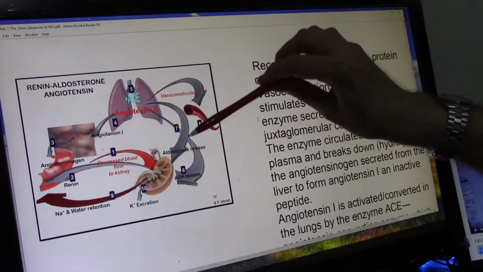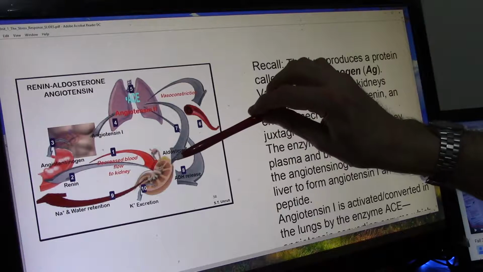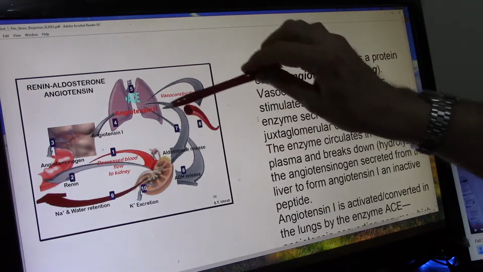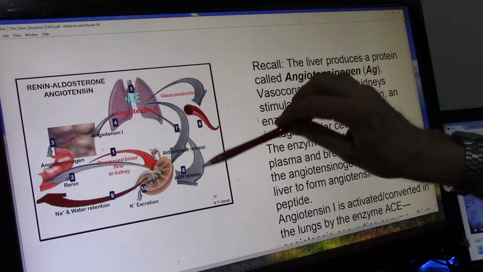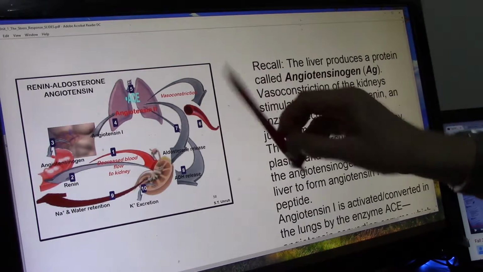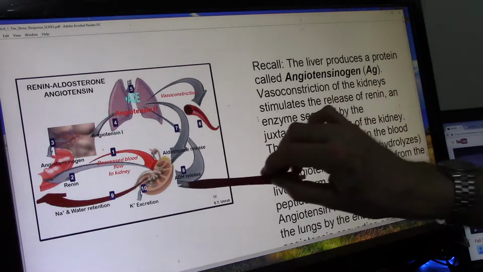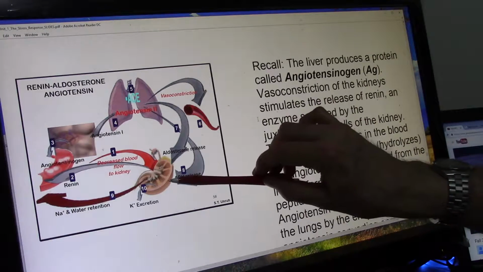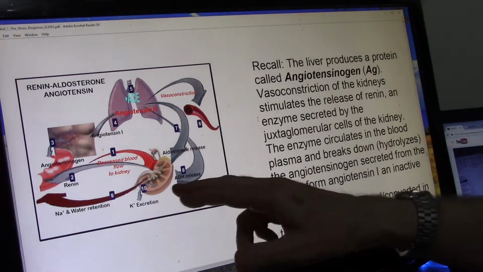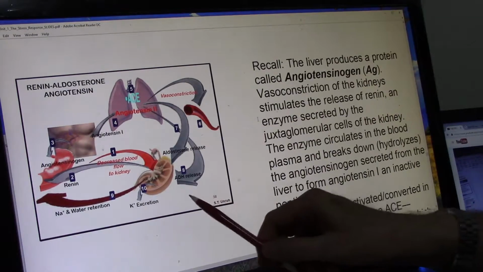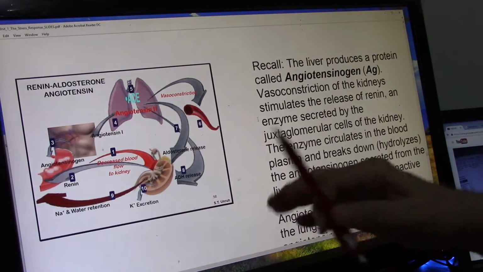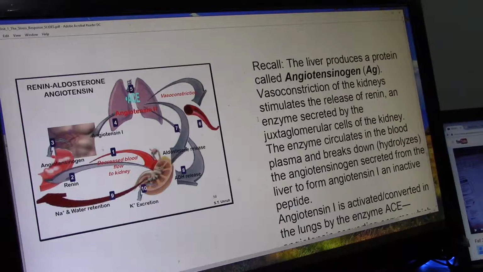It will also flow down to the cortex of the adrenal gland here and release aldosterone, and it will also flow to the posterior pituitary, release ADH, and ADH will come back down to the kidney. And the effect on the kidney is to keep sodium. So we retain sodium, and the way the kidney does that is it gets rid of potassium.